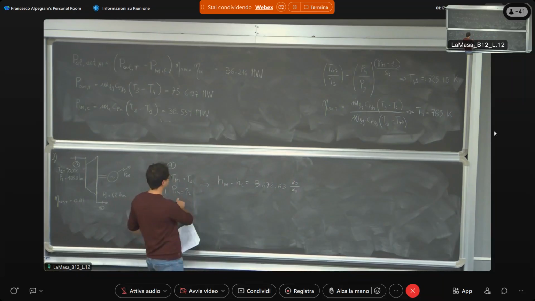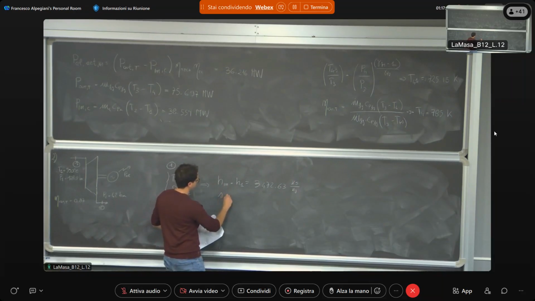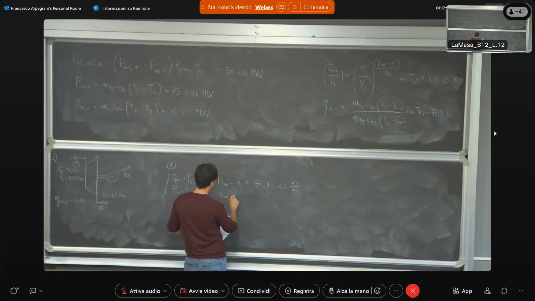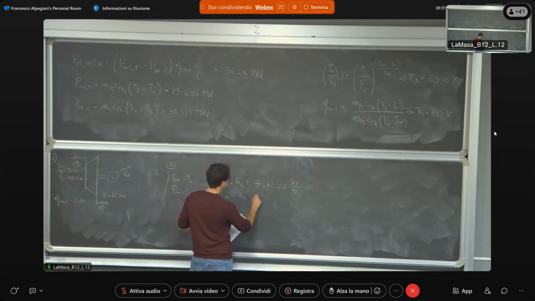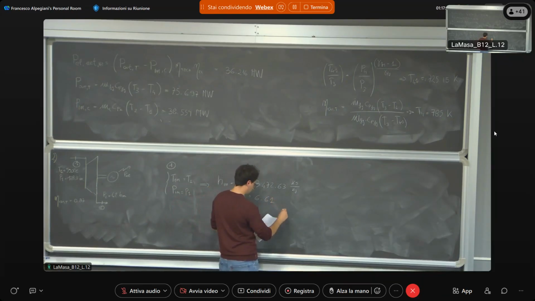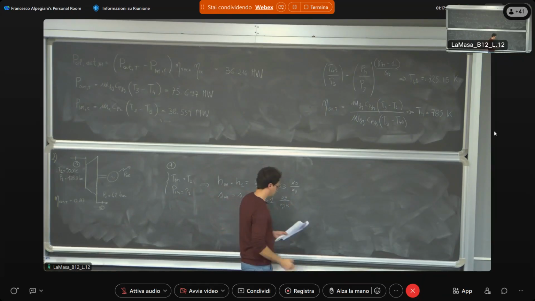And we can also derive the entropy at the inlet, S_in equal to S1, equal to 6.61 kilojoule per kilogram Kelvin.